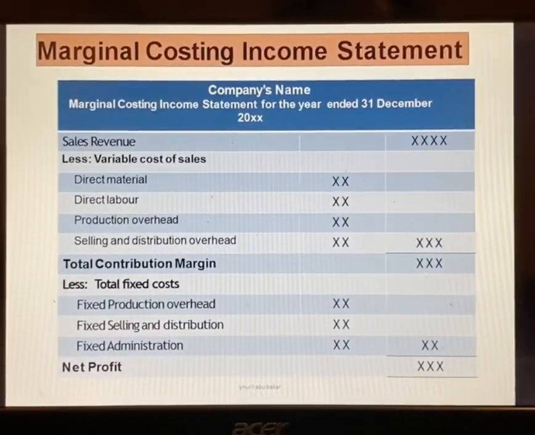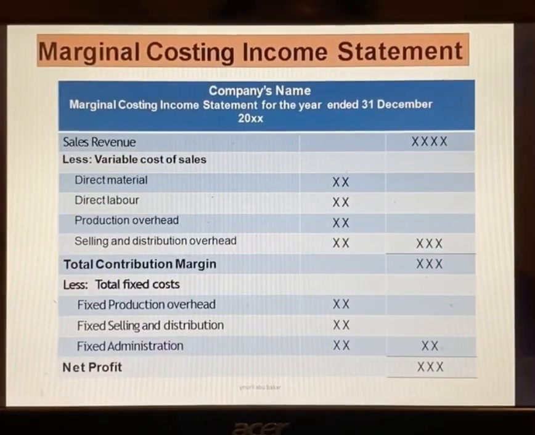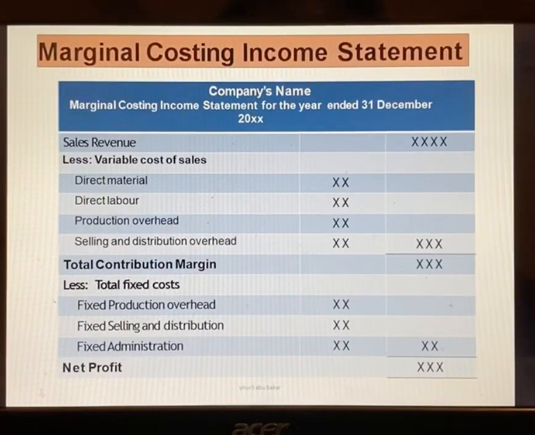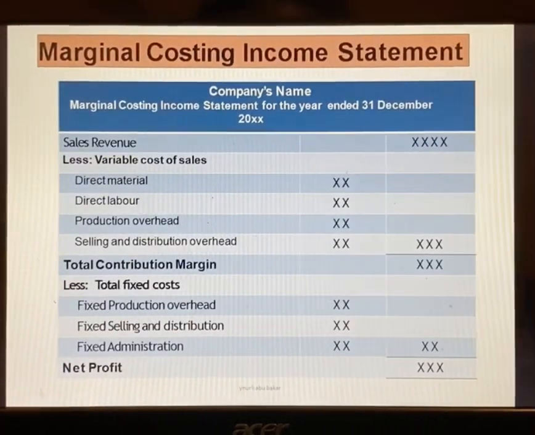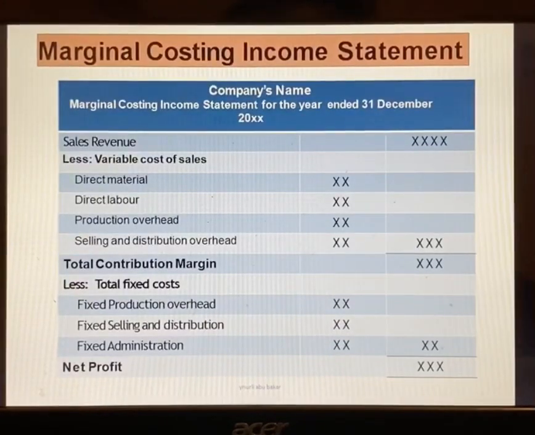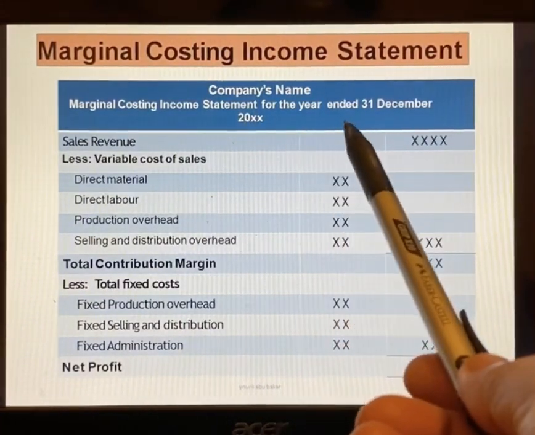So this is how to present a marginal costing income statement. First, the company's name, and then the name of the income statement, that is the marginal costing income statement for the year ended.